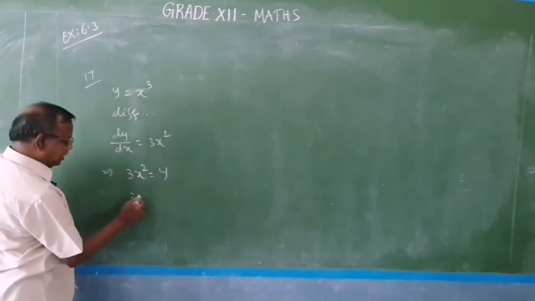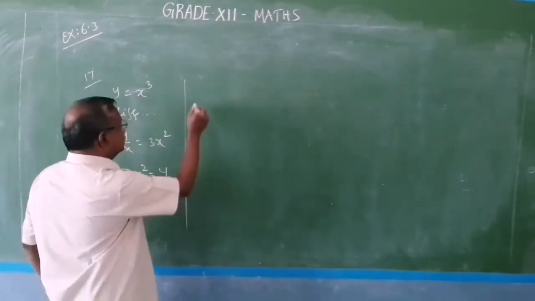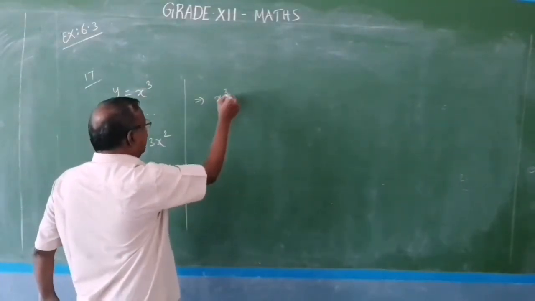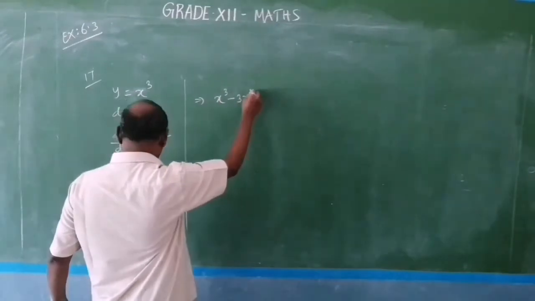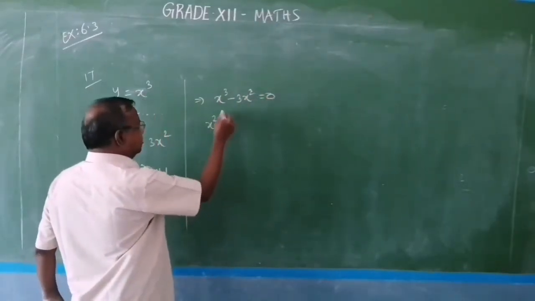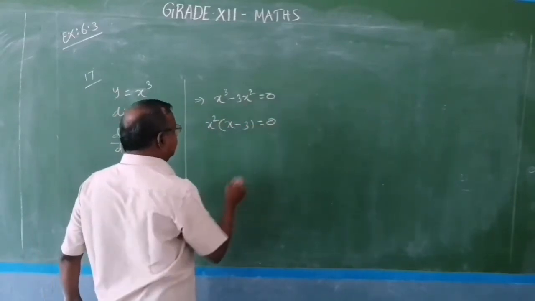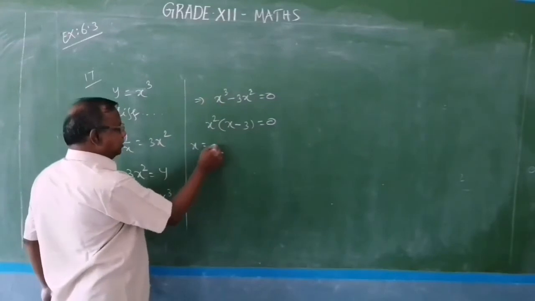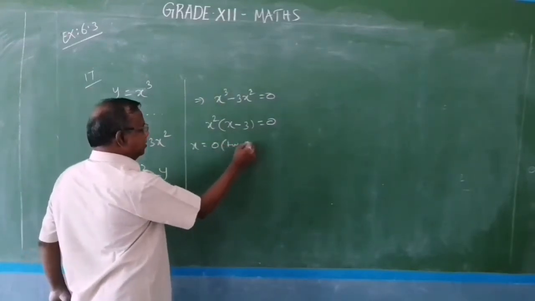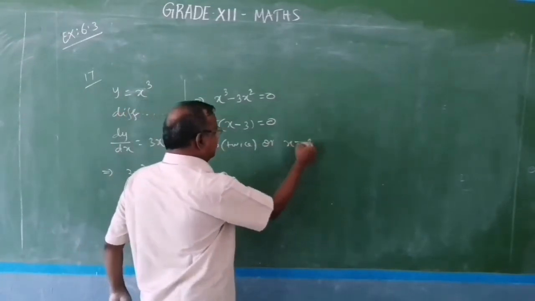Where y equal to x cube, that means 3x square equal to x cube, which gives x cube minus 3x square equal to 0. Taking x square as common, x square into x minus 3 equal to 0. Now either x equal to 0 twice or x equal to 3.